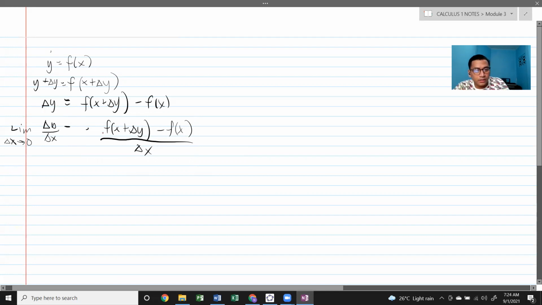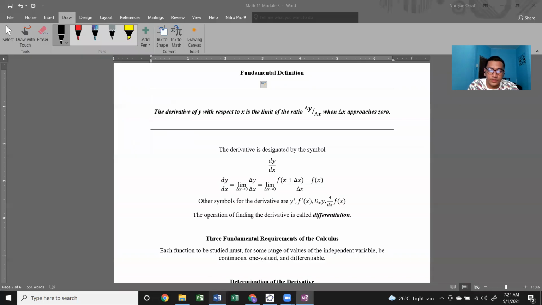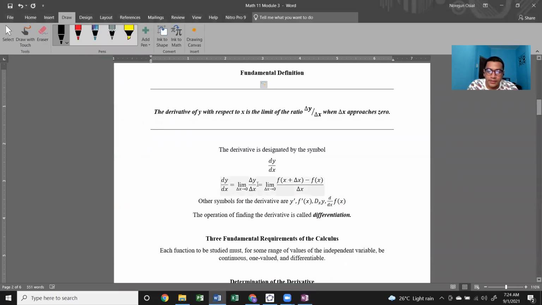We get the limit as our delta x approaches 0. So this will be the fundamental concept of derivative.